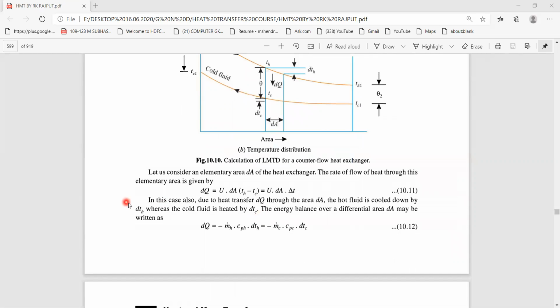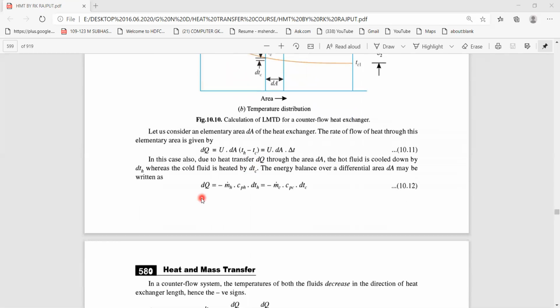In this case also, due to the heat transfer dq through the area dA, the hot fluid is cooled down by dTH, whereas the cold fluid is heated by dTC. The differentiation of TC gives the small increase in temperature within that element, and dTH represents the small decrease in temperature of the hot fluid within that element.